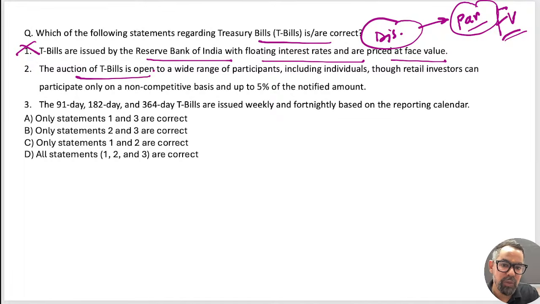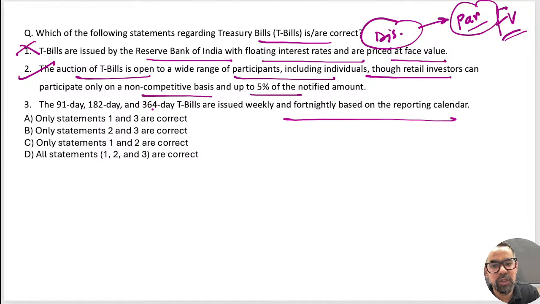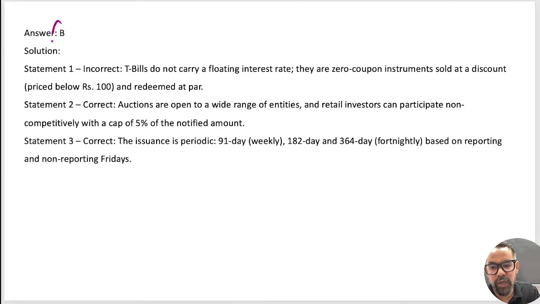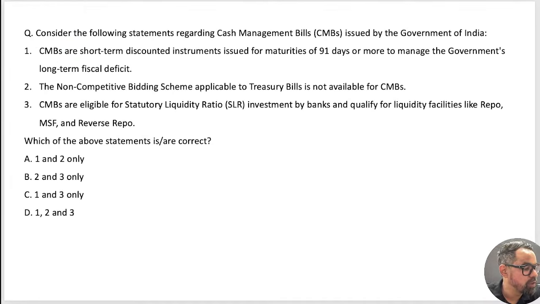The auction of treasury bills is open to a wide range of participants, including individuals; retail investors can participate in the non-competitive bidding, with a 5% allotment. This is true. We have 91 days, 182 and 364 days, and this is also true. So 2 and 3 mean option B will be the right answer for this question.